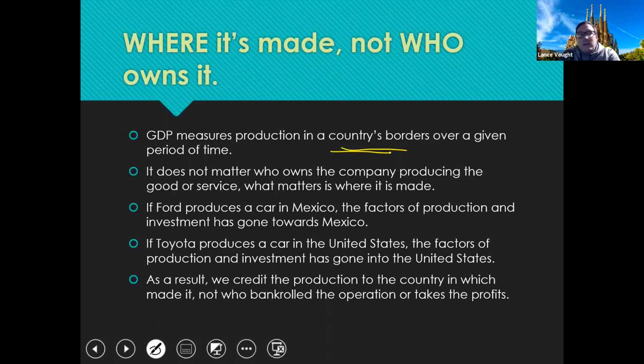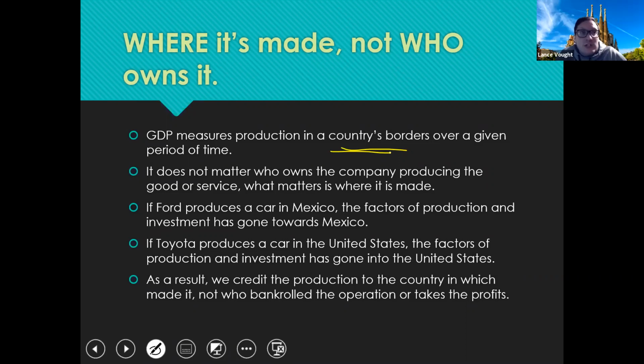So you can have a Ford vehicle, an American company based in Dearborn, Michigan, and Ford can produce that car in Mexico. Because the factors of production, the investment, the labor, all of that has been compensated within the borders of Mexico, that will actually count towards Mexico's GDP, even though it's an American company.